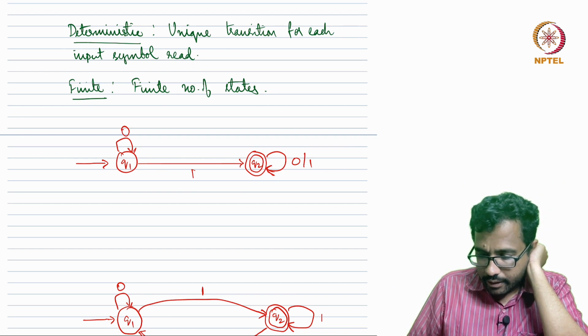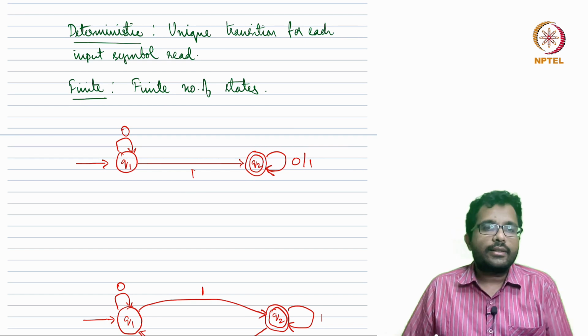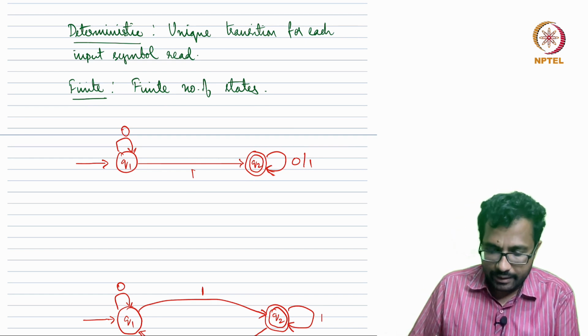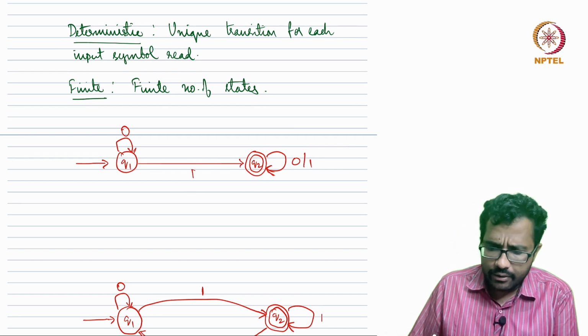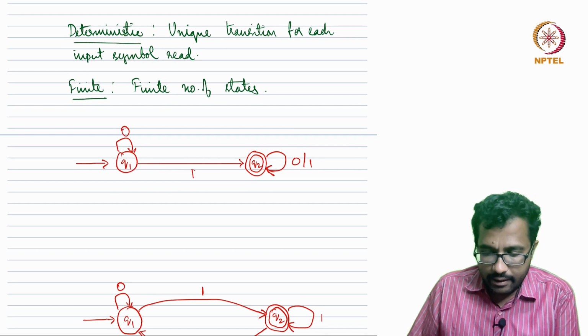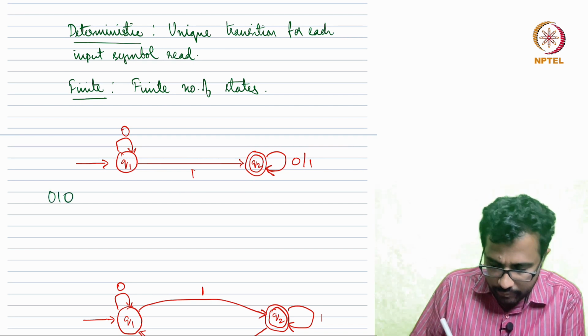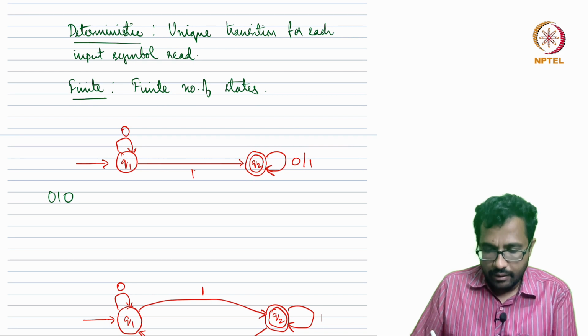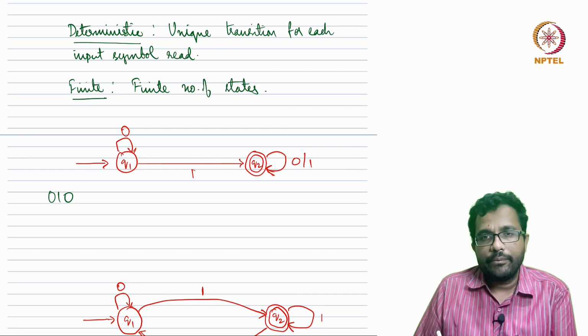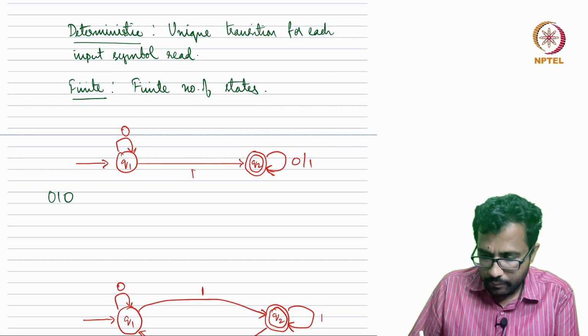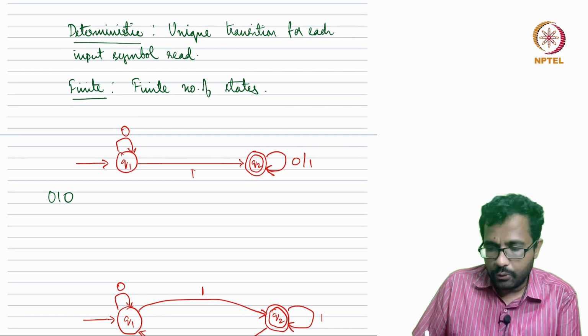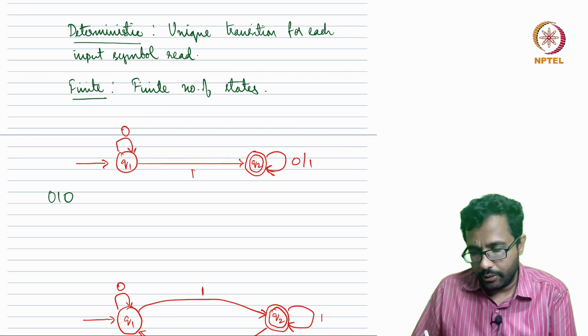Let's try to see which ones those are. If the first symbol is 1, you move to Q2 and then you remain there. So all the strings that have the first symbol 1 are accepted, but are those the only ones? Let's say the string 0, 1, 0. Does this get accepted? 0 keeps you at Q1, 1 takes you to Q2, and once you move to Q2, you are accepted for sure.